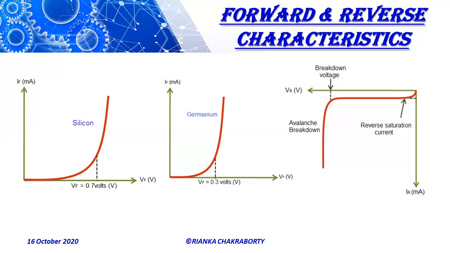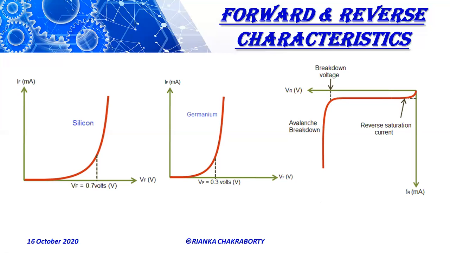Now, if the external reverse voltage applied on the PN junction diode is increased, the free electrons from the n-type semiconductor and the holes from the p-type semiconductor are moved away from the PN junction, which increases the width of the depletion region. The wide depletion region of reverse bias PN junction diode completely blocks the majority charge carrier current.